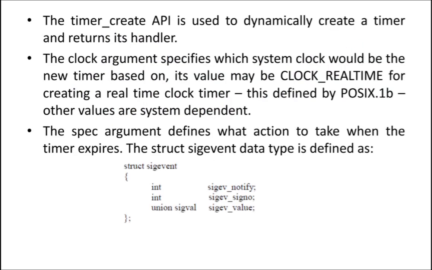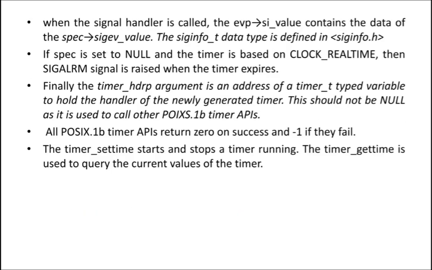When you are creating the timer, you have to hold the handler of the newly generated timer. Why do you need the handler? Mainly to identify the timer. This timerid argument is an address of a timer_t typed variable, and it is going to hold the handler of the newly generated timer.